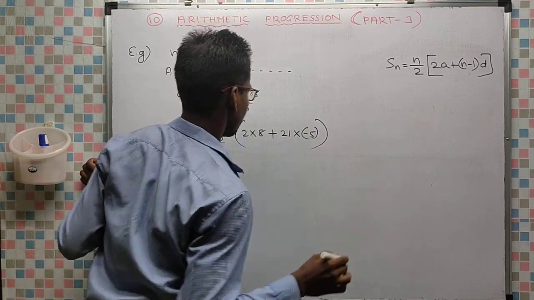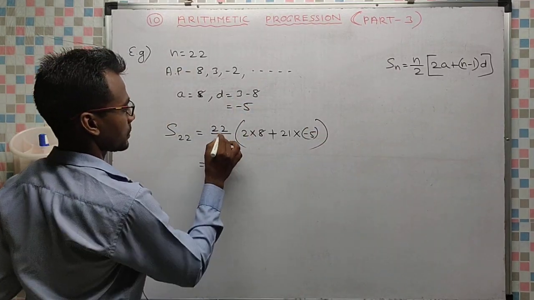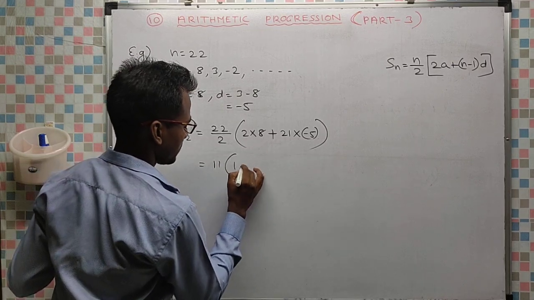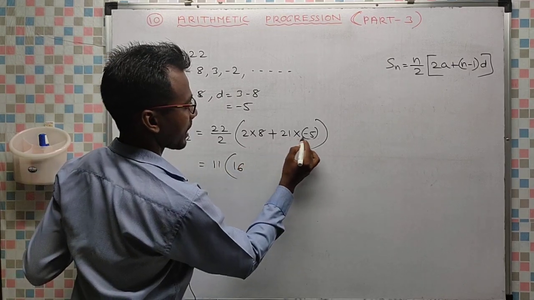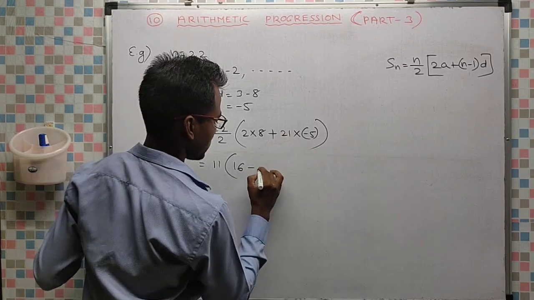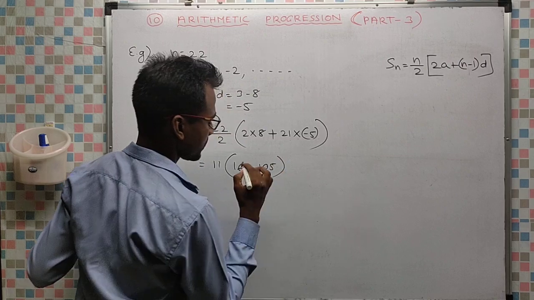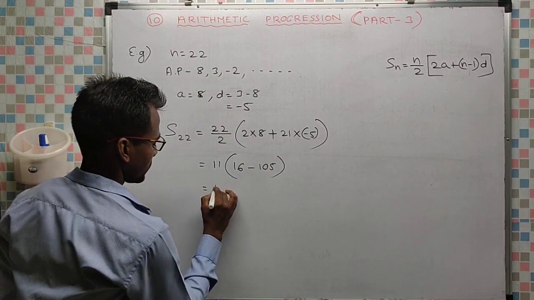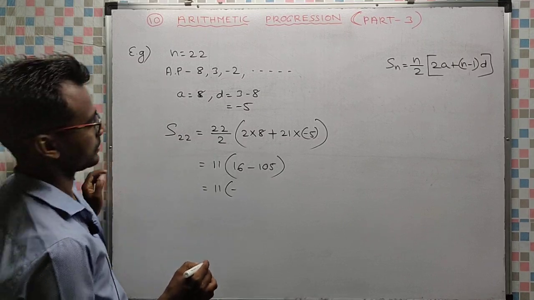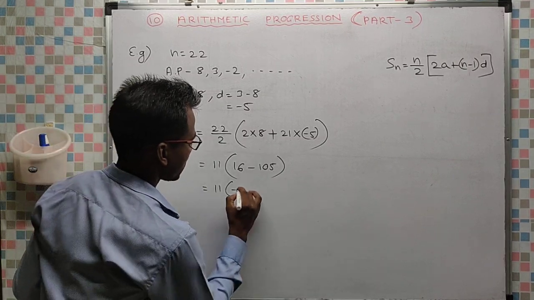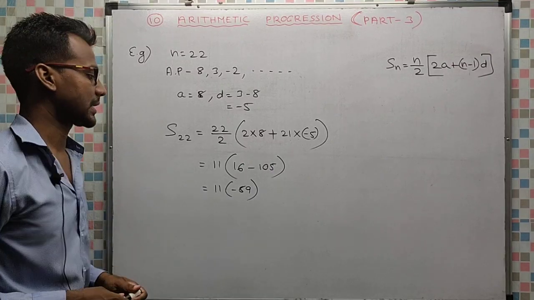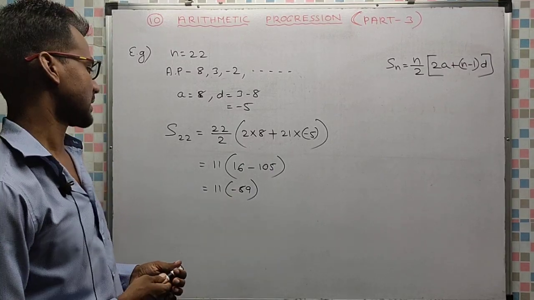So 22 by 2 is 11. 2 into 8 is 16. Then plus into minus is minus, 21 into 5 is 105. 16 minus 105 is minus 89.